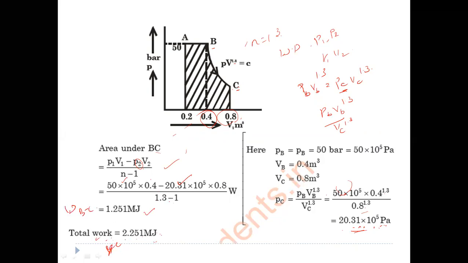Total work done means we have to add the A to B process and the B to C process. Work done for A to B is 1 megajoule plus work done for B to C is 1.251. If you add these two, we get 2.251 megajoules, which is the total work done.